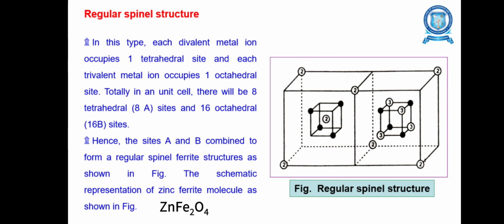A sites and B sites combine to form a regular spinel ferrite, which has a structure as shown in the diagram, where 2 represents divalent ions and 3 represents trivalent metal ions. Zinc ferrite is a typical example of a regular spinel structure.